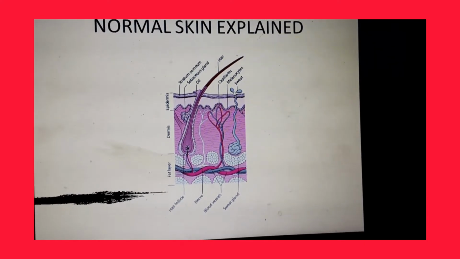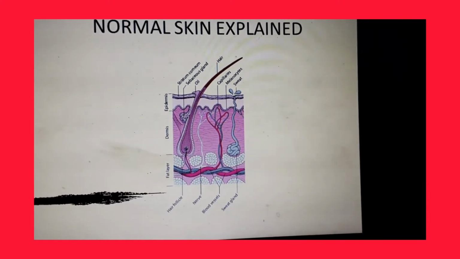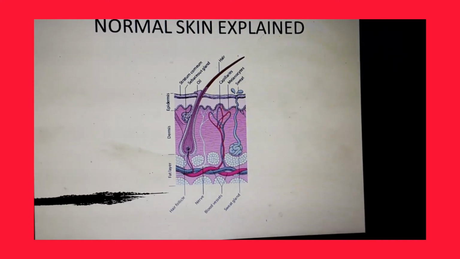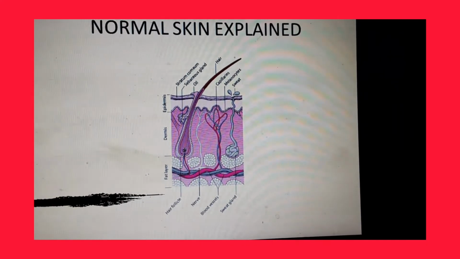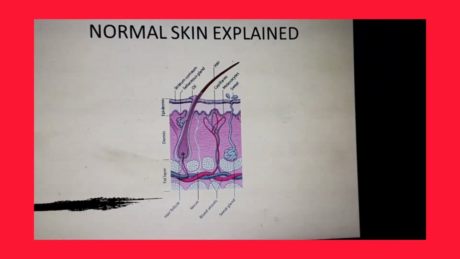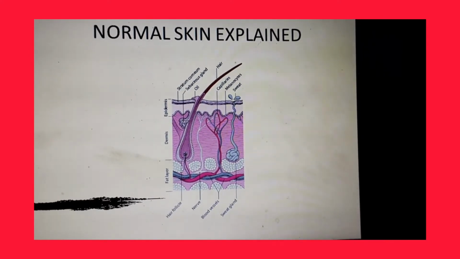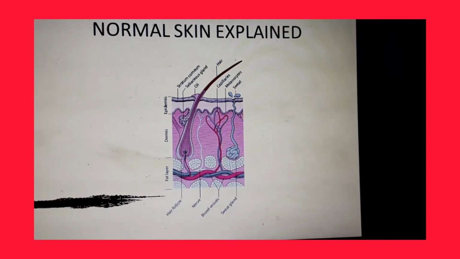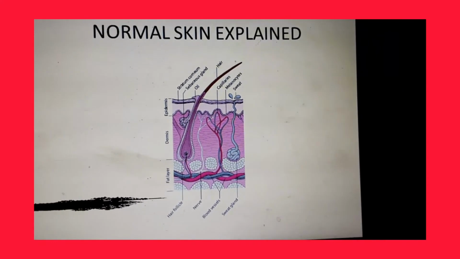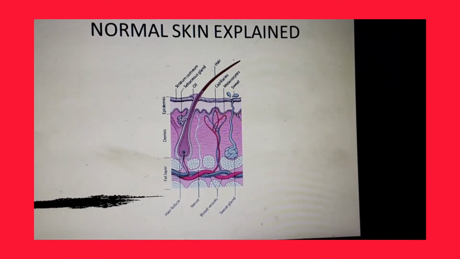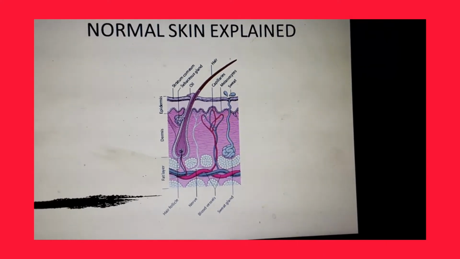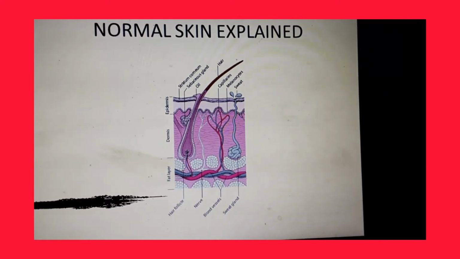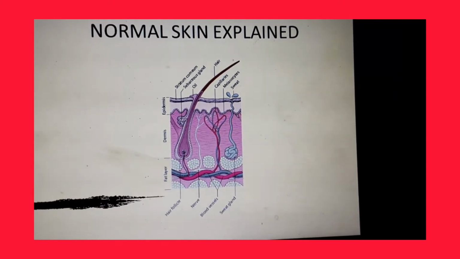There is also the sebaceous gland, just after the epidermis, on the dermis level, which helps to protect the skin, and even the oil helps to protect the skin and makes the skin very shiny. The lower part is the fat layer, which also helps in preventing penetration of bacteria and foreign organisms.